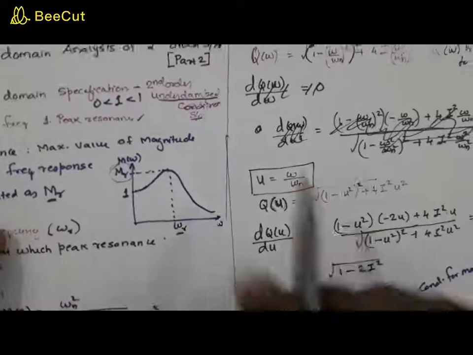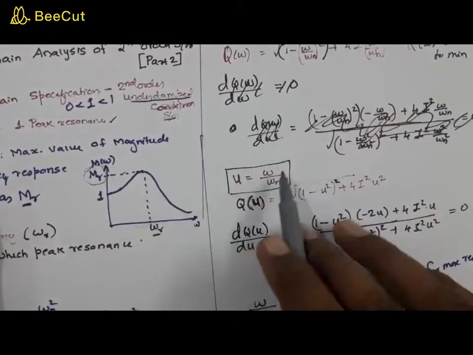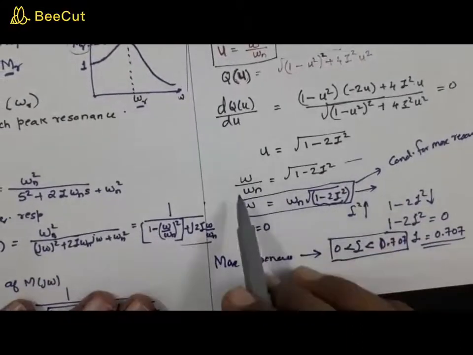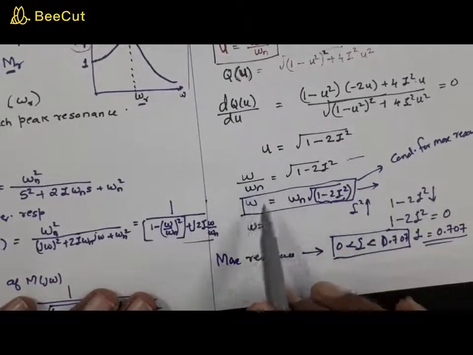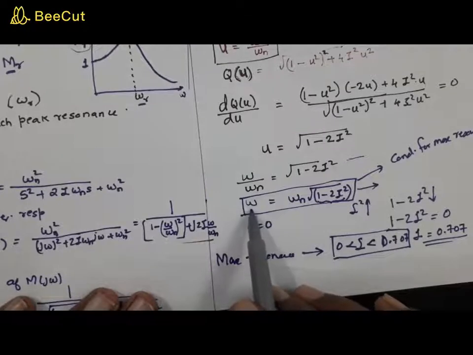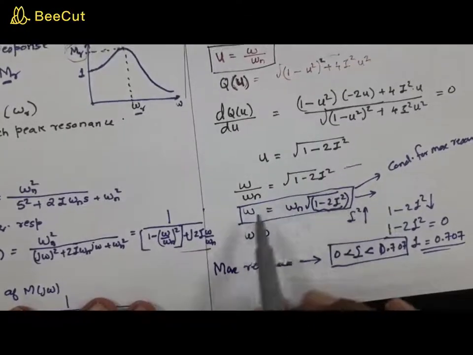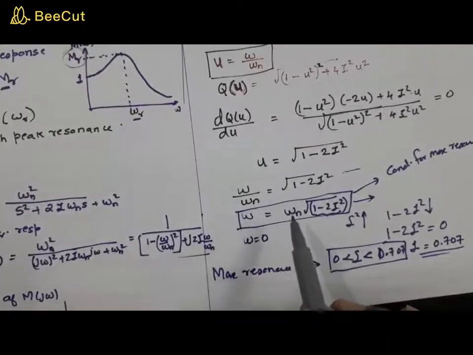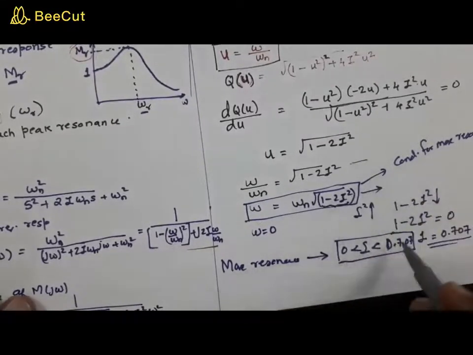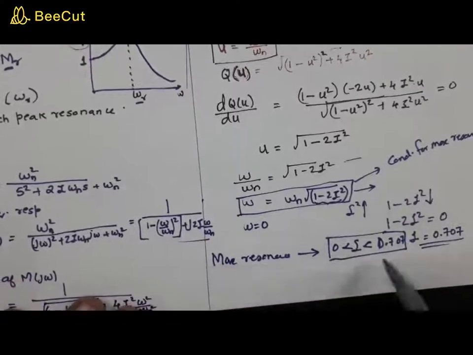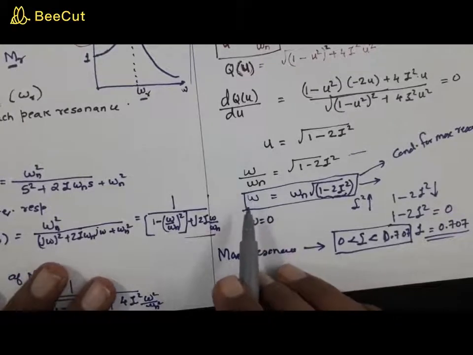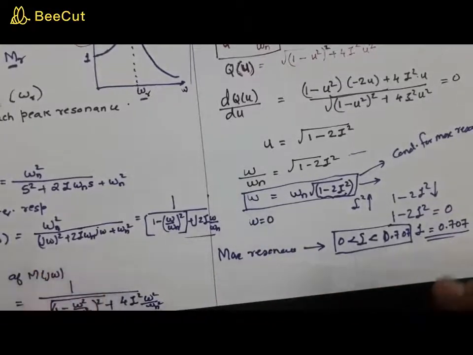So what you did is you just assumed u to be omega by omega n, did the derivation and obtained the condition, and again replaced that u by omega. So this is actually the frequency at which this is the condition for the maximum resonance, and from this condition we have derived another condition in terms of the damping ratio: if it requires a real frequency, then theta has to be between 0 and 0.707.